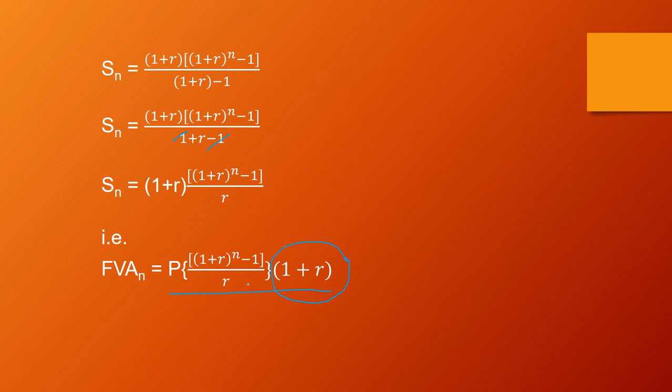If you are getting or giving unequal installments after every regular interval of time, then you cannot apply this formula because we cannot take P as common. So just remember that this formula is applicable only when the principal amount is common, that is, every period we are getting or depositing the same amount.